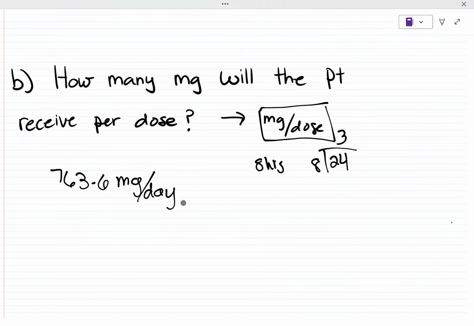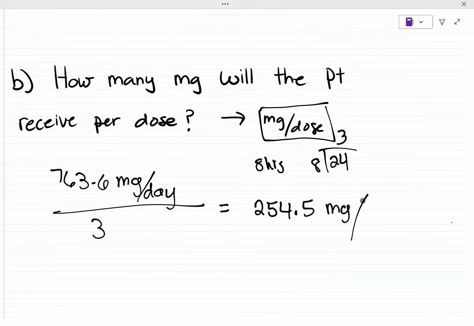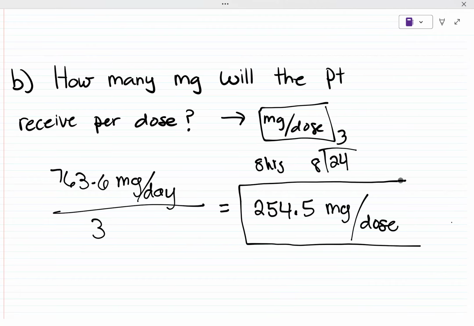So all you got to do is divide this by 3, and so that would be 254.5 mg per dose. There you go.